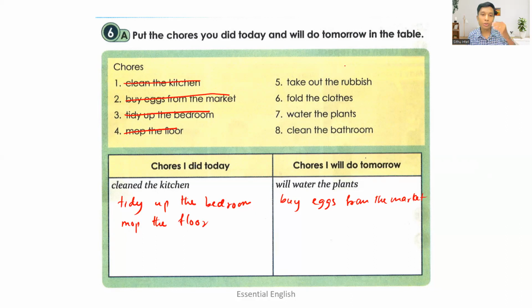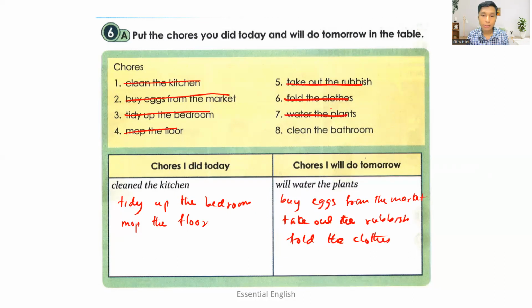Okay, so you cleaned the kitchen, tidied up the bedroom, mopped the floor. Maybe you are tired, so you will take out the rubbish tomorrow. And fold the clothes. Okay, I will do it tomorrow too. Water the plants.